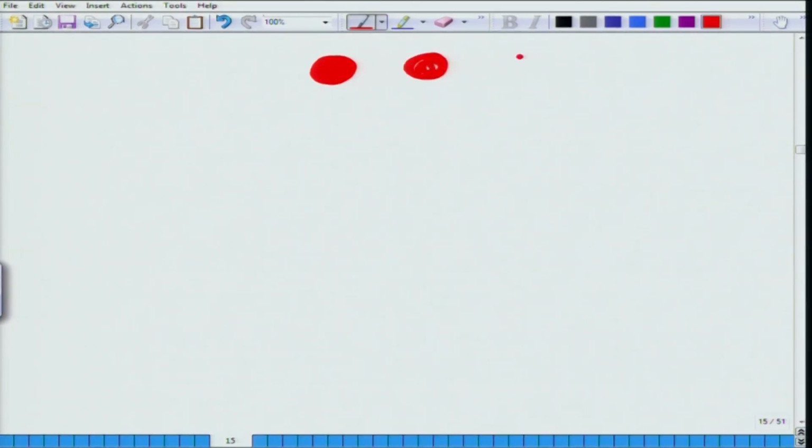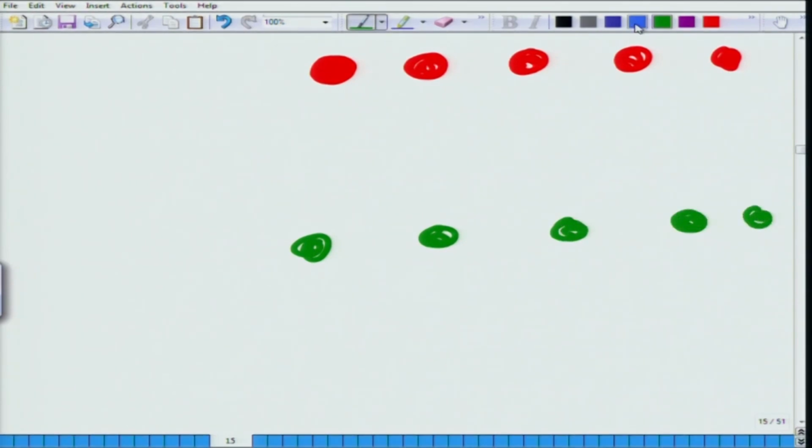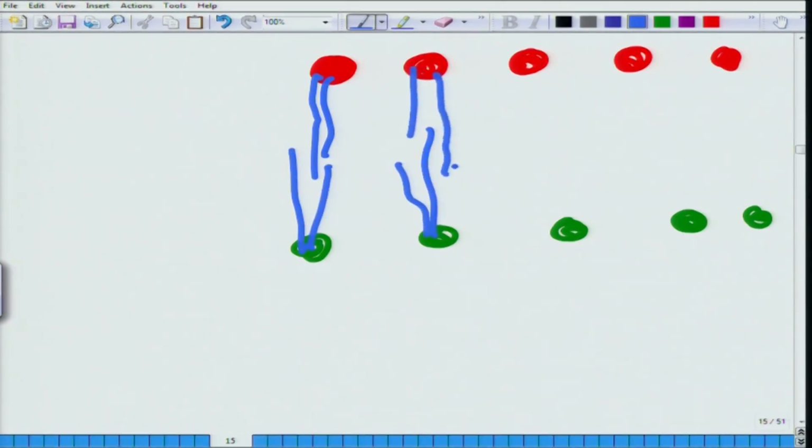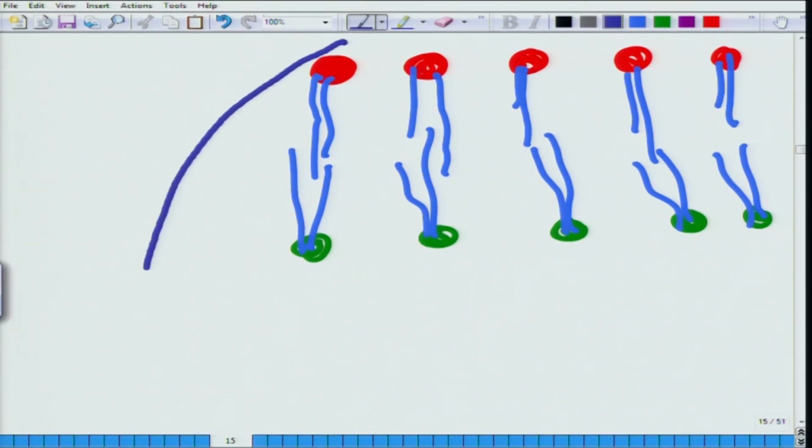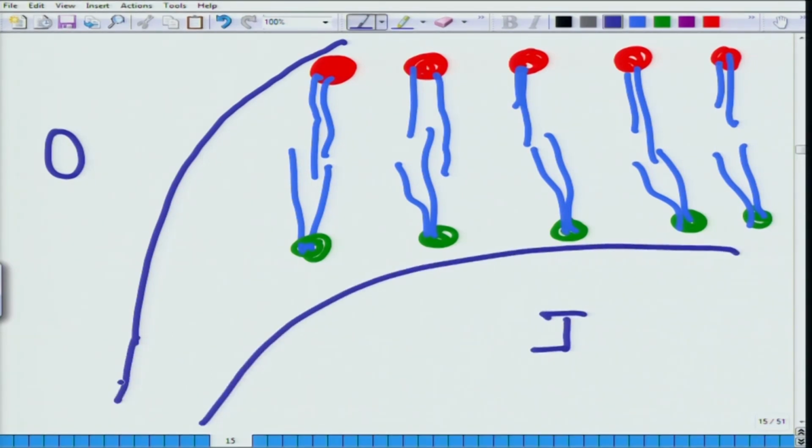The red ones are facing outside, and say the green ones are facing inside, and these are the hydrophobic tails they have. This part is outside the cell, and this is inside the cell. This is just part of the membrane I have drawn.